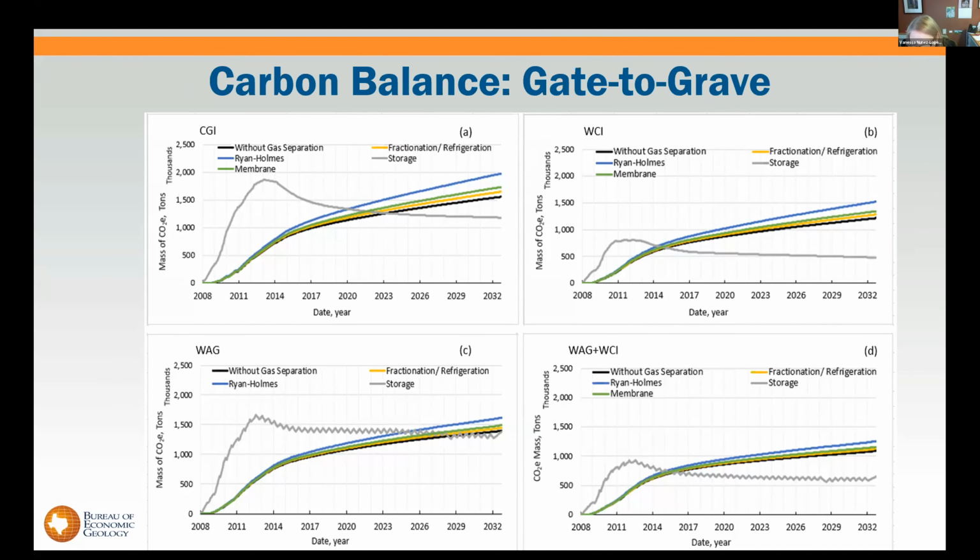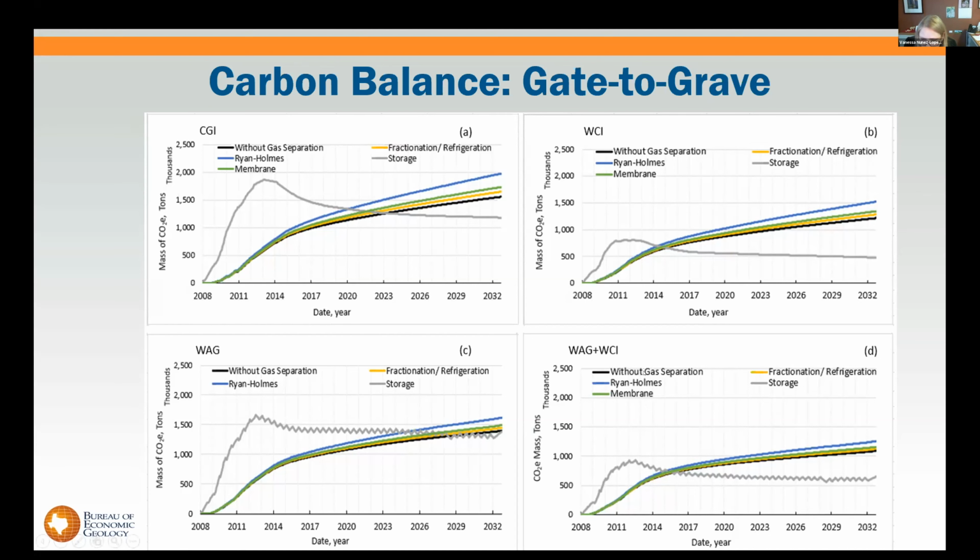Before that, the gate-to-grave system operates with a negative carbon footprint, and when those curves cross, the system starts operating with a positive carbon footprint. Negative means that more CO2 is being stored than is being emitted into the atmosphere. It also means that for as long as the carbon balance is negative, the oil produced is net carbon negative, and the system operates with a negative carbon footprint.